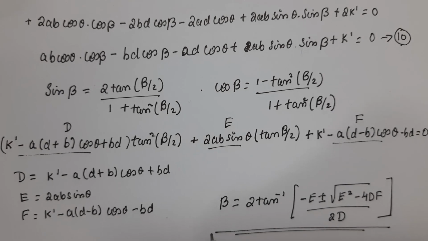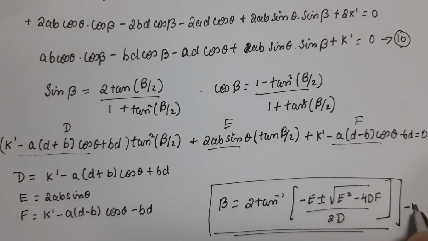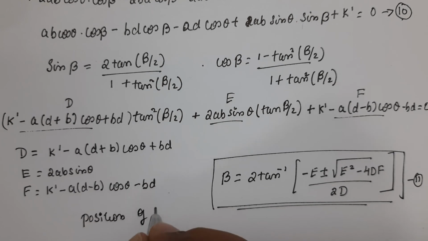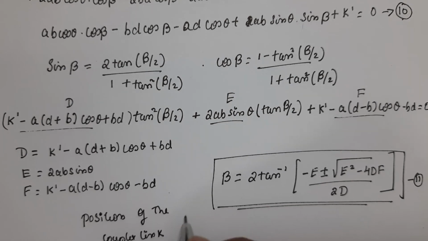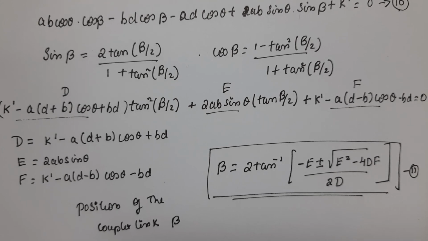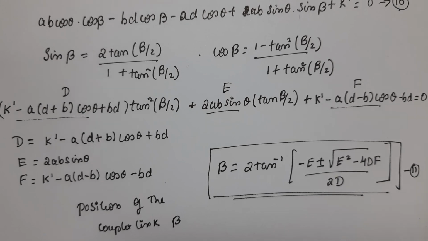So this is equation 11. This is basically the position of the coupler link, that is beta, with respect to the position of the input link here. Okay, so this sums up the displacement analysis of the coupler as well as the output link here.